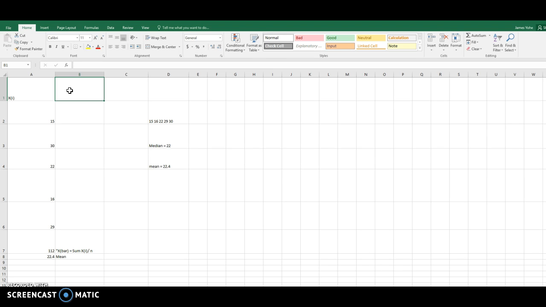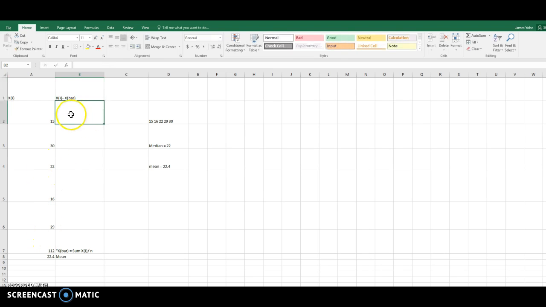Now here, I'm going to take x sub i, and I'm going to subtract my mean x bar. x bar is just the symbol for the mean. x sub i is the symbol for x sub 1, 2, 3, 4, or 5.